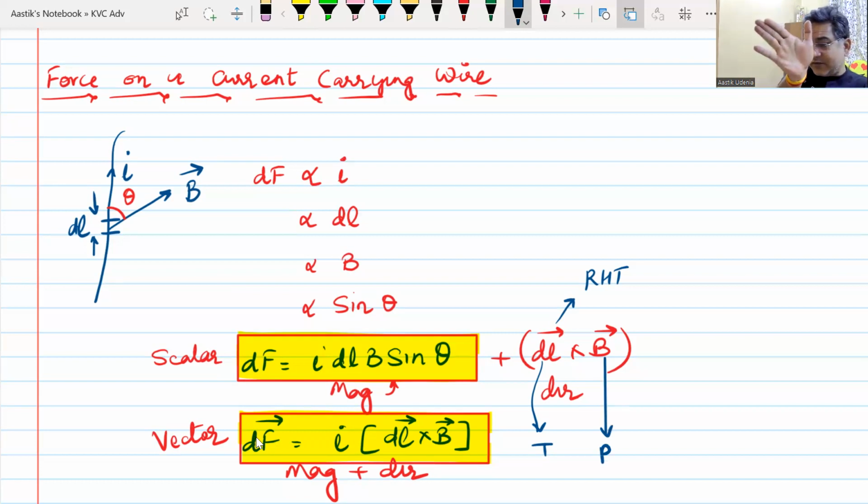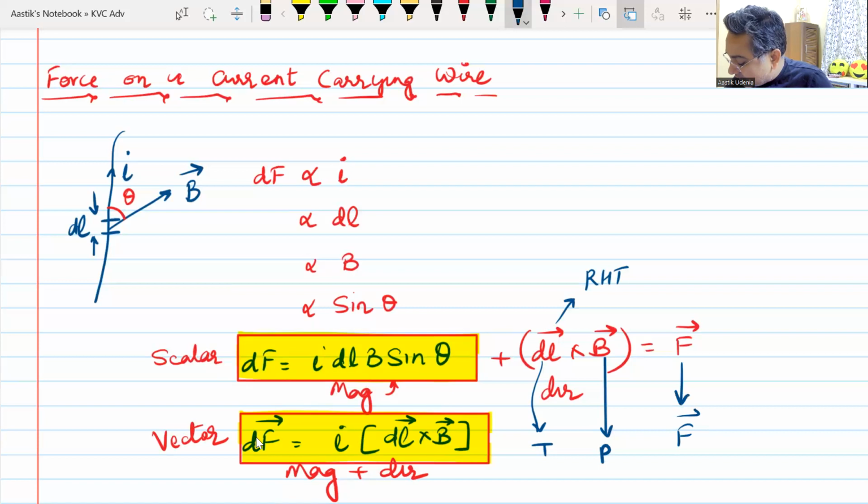The direction of the magnetic field is like this. Then the direction of your fingers will give you the direction of force. If dl is like this and the magnetic field is like this, the direction of force on this element would be inside.